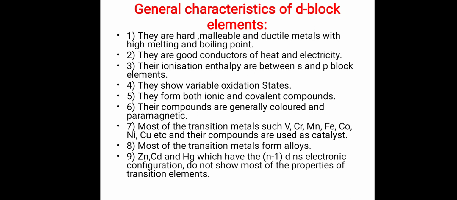They show variable oxidation states, as I already told. Generally the d-block elements are colored and paramagnetic in nature. Most of the transition metals such as vanadium, chromium, manganese, cobalt, iron, nickel, copper and their compounds are used as catalysts. Usually for making carbon-carbon bonds, these catalysts are used.